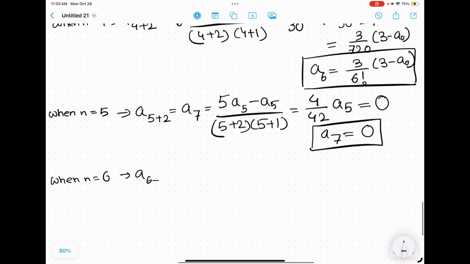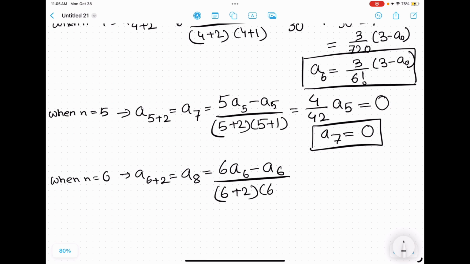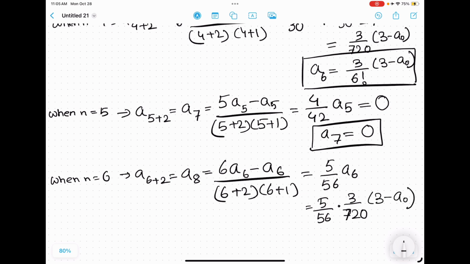which is a sub 6 plus 2, which is a sub 8. That is 6a sub 6 minus a sub 6 by 6 plus 2 times 6 plus 1, which gives me 5 by 56 a sub 6. And I can see that my a sub 6 is basically 5 times 56 times 3 by 720 times 3 minus a sub 0.